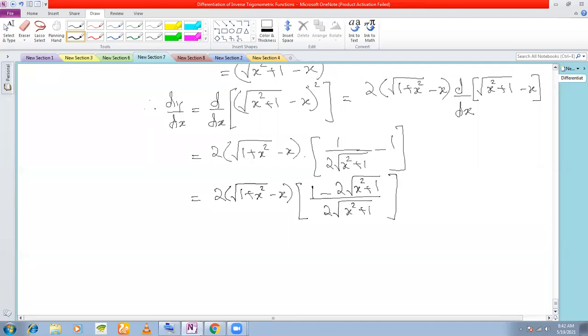That's it. So this 2 and this 2 is going to cancel. So I'll simply get root 1 plus x square minus x into 1 minus 2 root x square plus 1 whole divided by root x square plus 1. That's it. That should be your answer. Okay.